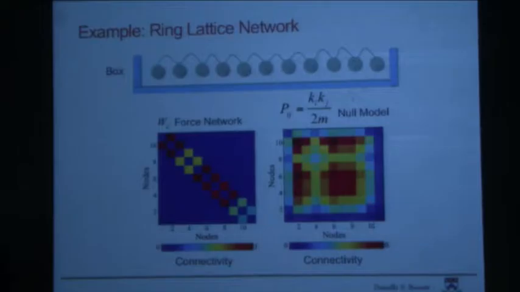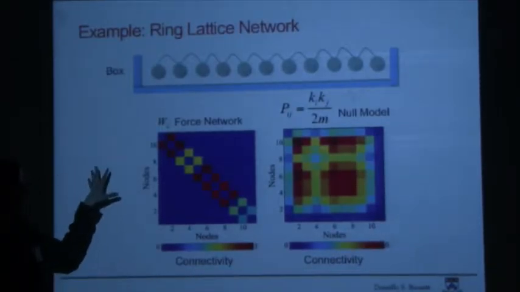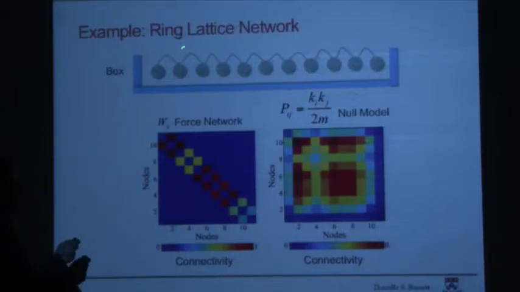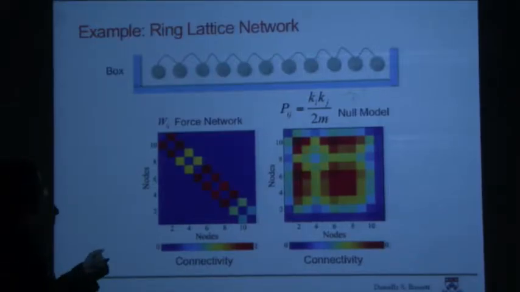So to give you an intuition for what that means, let's take an example of a ring lattice. So here, let's pretend I have, again, a two-dimensional box, but now I'm just going to have a line of particles instead of a volume of particles. And I'm going to connect them all together with just a single link. So they're all in contact with one another.